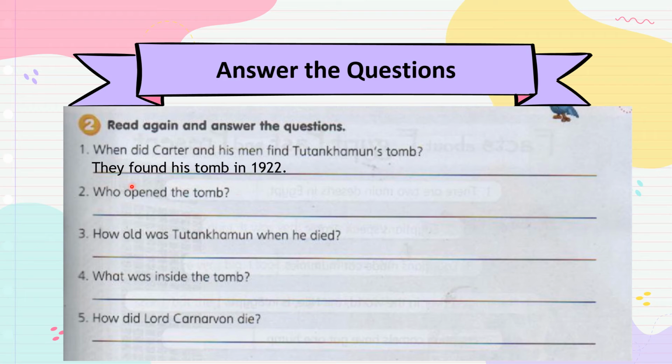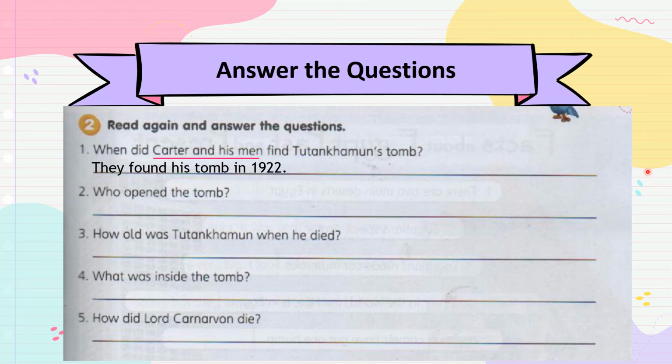So the answer is they found his tomb in 1922. Okay, kenapa kita tulis they? Mereka telah menjumpai makamnya pada tahun 1922. They refer to merujuk kepada Carter and his men. Okay, awak boleh tulis they ataupun awak boleh tulis salin balik Carter and his men found his tomb in 1922.